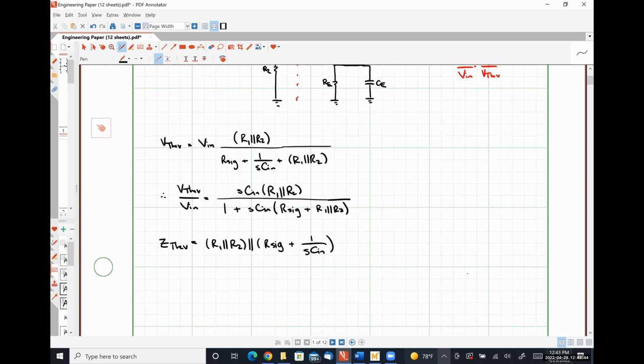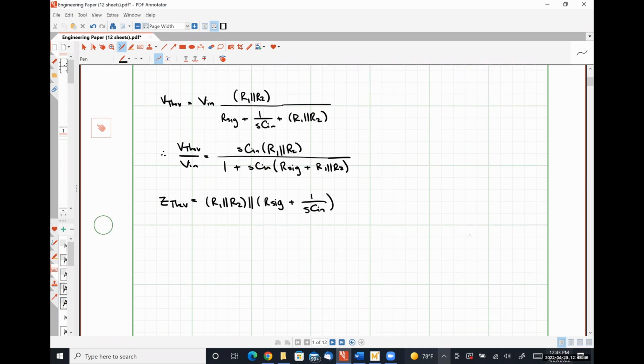And so I'm just going to do some manipulation on this while we're here. To me, that looks like R1 in parallel with R2. I'm just treating that as a single resistance to make my life a little bit easier.